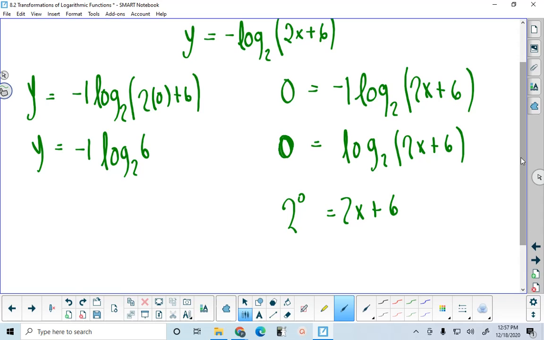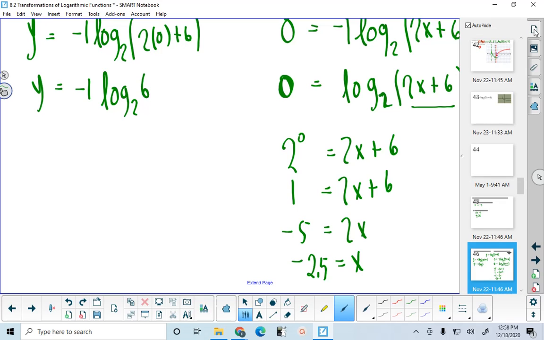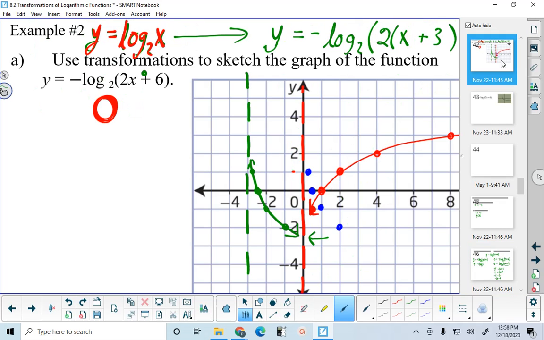So 0 is the exponent to which 2 is raised to get the argument. That's 1. So 1 equals 2x plus 6. That's pretty easy to solve. 2x equals -5. So x equals -5 halves, or -2.5. And if you go back and take a look at the graph, you can see that's exactly where it crosses on the x-axis. Any questions with example 2?